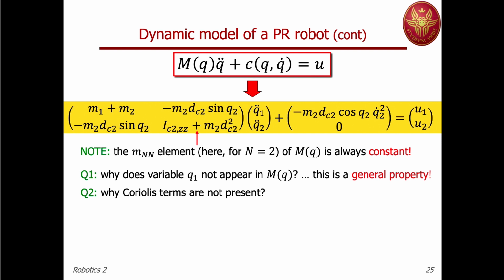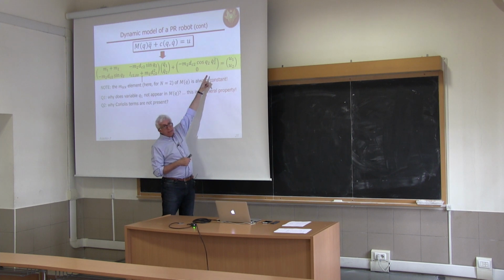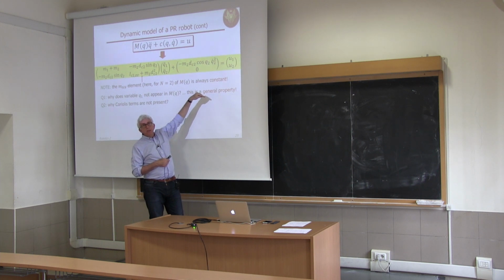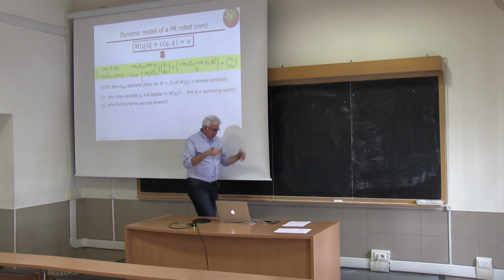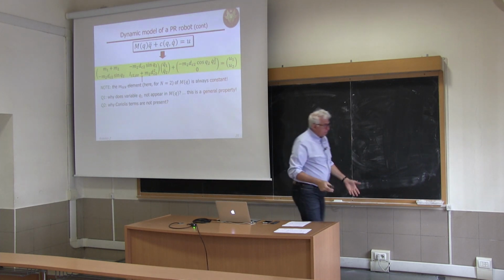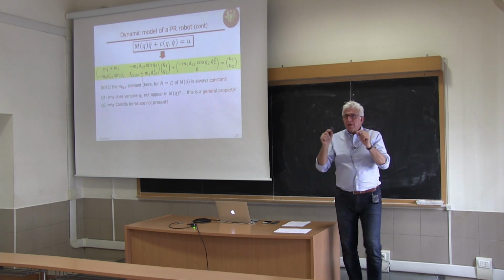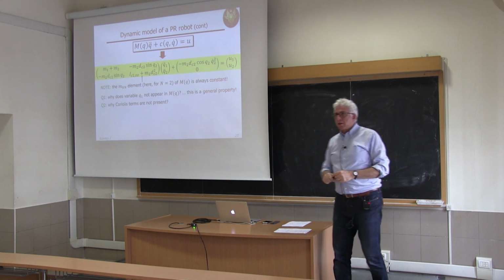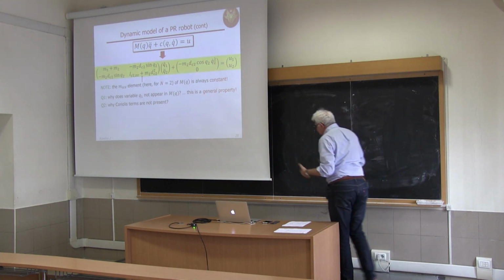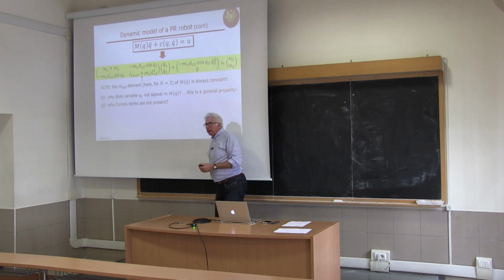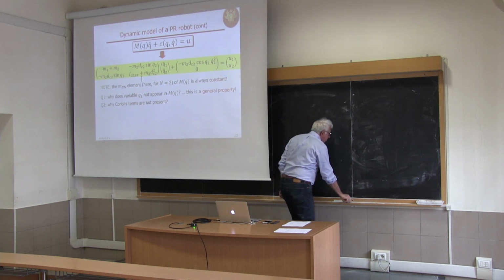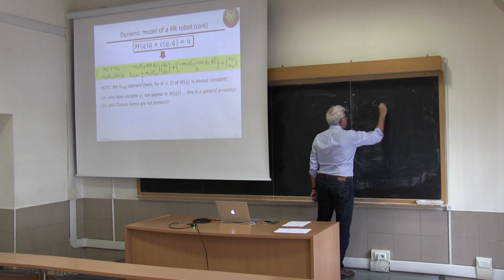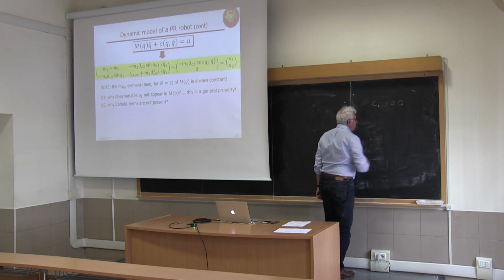Another property is that you see that the centrifugal effect on joint 1 is only due to the fact that joint 2 is rotating. In general, you will never have on joint i in a serial manipulator a centrifugal effect due to its own velocity, only due to the velocity of the other joints. So, to state it in terms of a Christoffel symbol, we have a strong property that Cii is always 0.